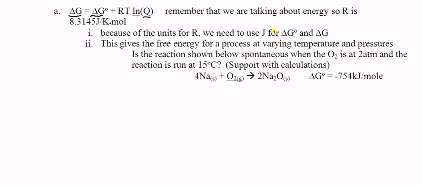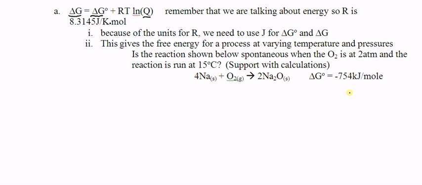Because of the units for R, when we get our answer for delta G, we're going to have a joules answer. That also means when we plug in our value for the change in standard free energy, we're going to have to use a joule version of that value. Typically, standard free energy is given in kilojoules per mole, which means we're going to need to make an adjustment to that value before we plug it into the equation.